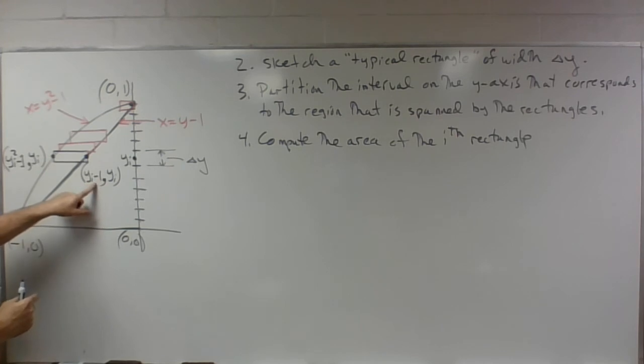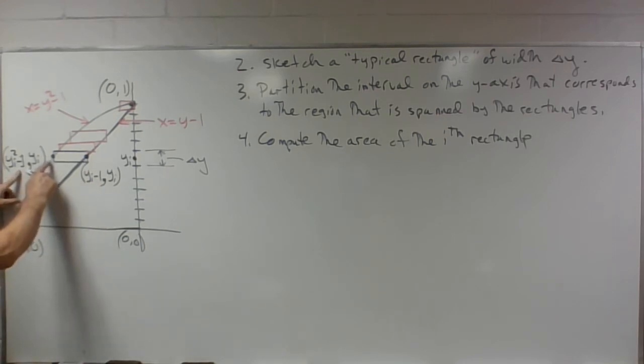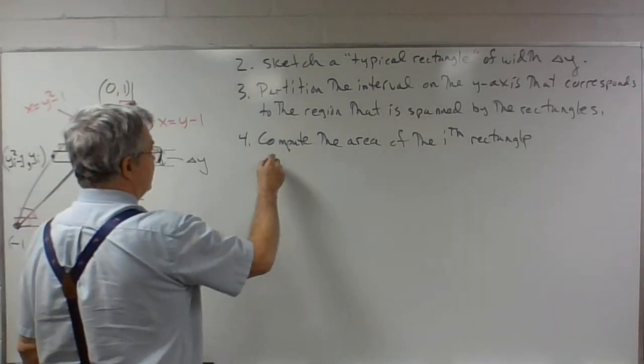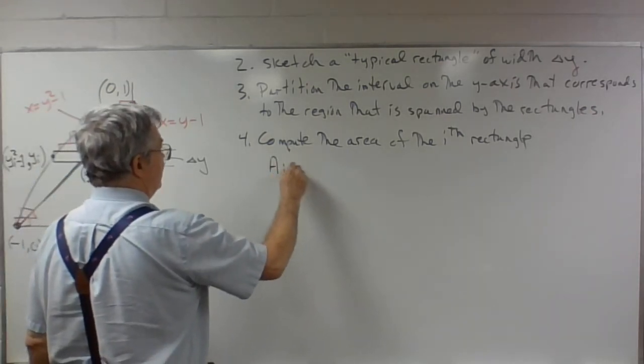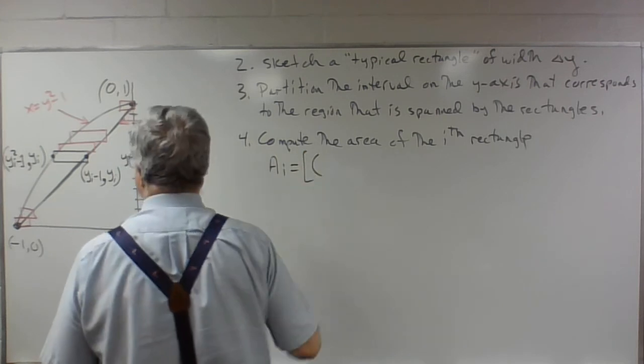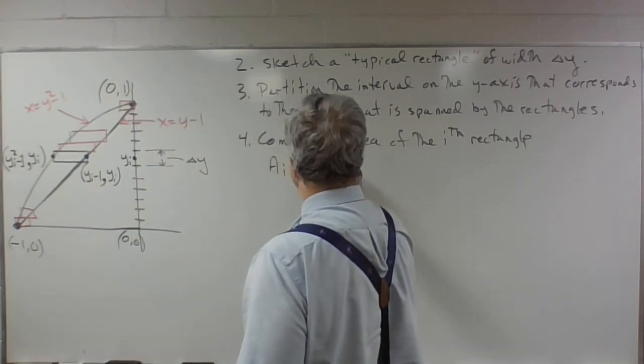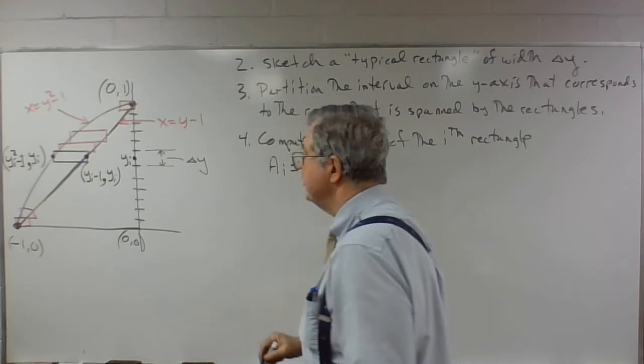The greater x coordinate will be farthest to the right. So we'll have the greater x coordinate minus the lesser x coordinate. The greater x coordinate, y sub i minus 1.